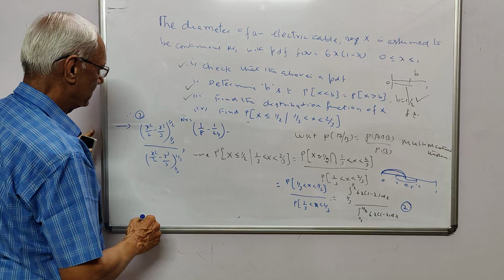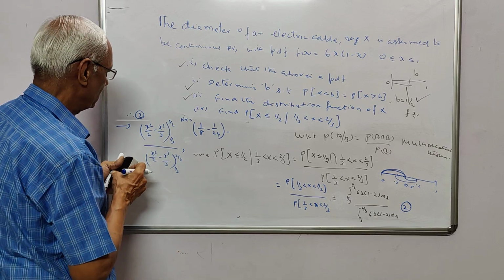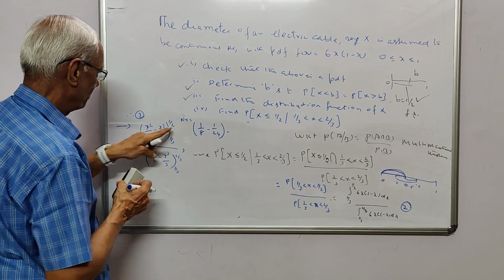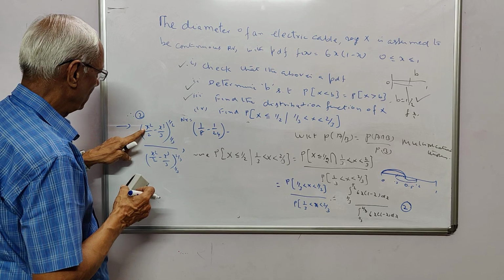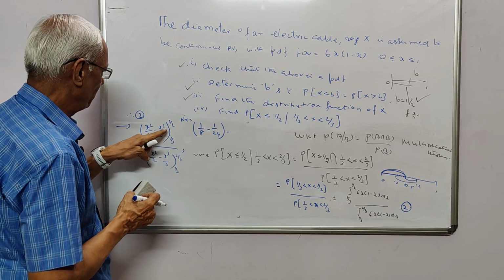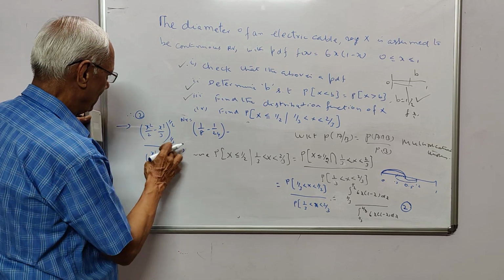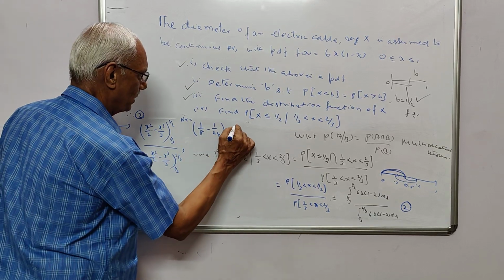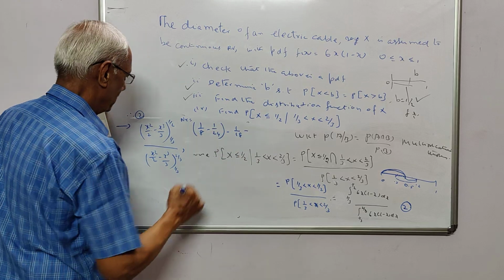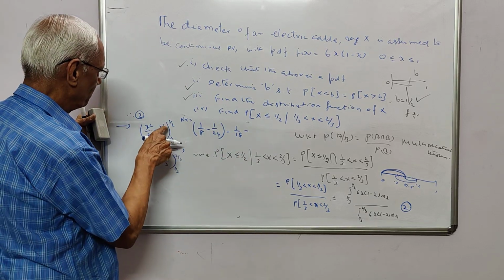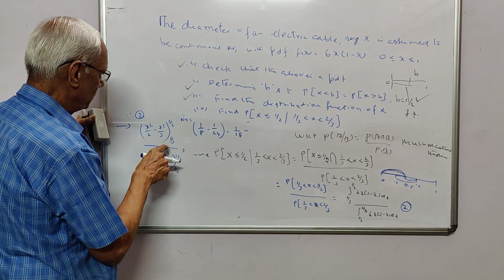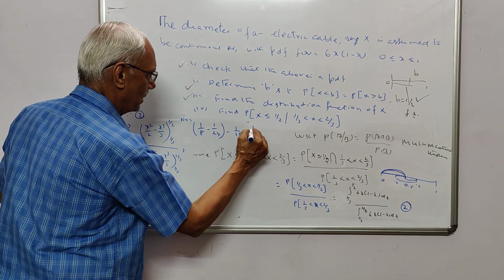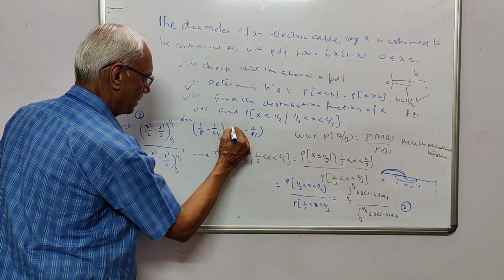If you put it as half, 1 by 8, and then substitute 1 by 3, you get 1 by 9 minus 1 by 18, minus, if you put it, 27, 81, 1 by 81.